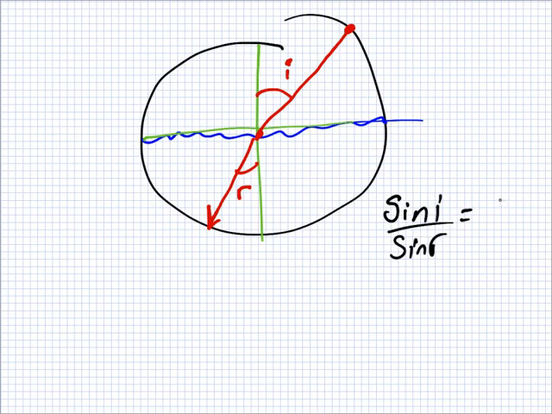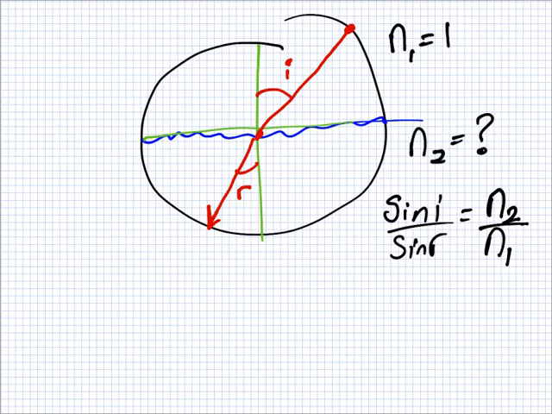Something water... Yeah. N2 over N1. Yes. Good. So N1 is 1, and N2 you don't know.